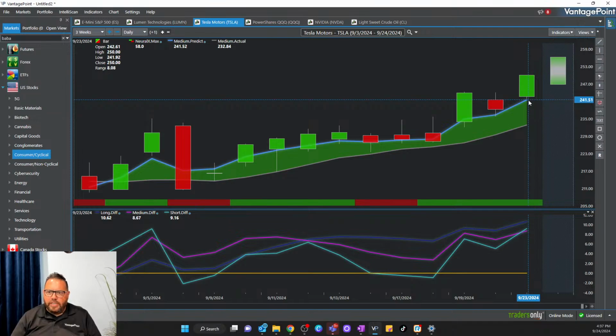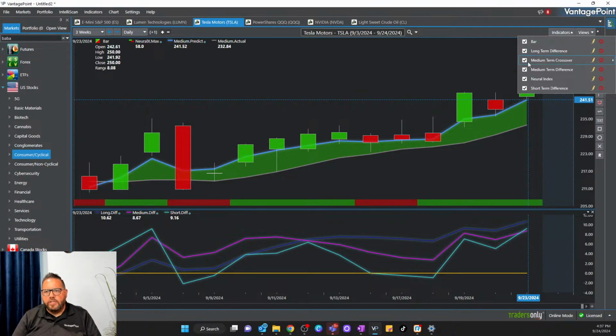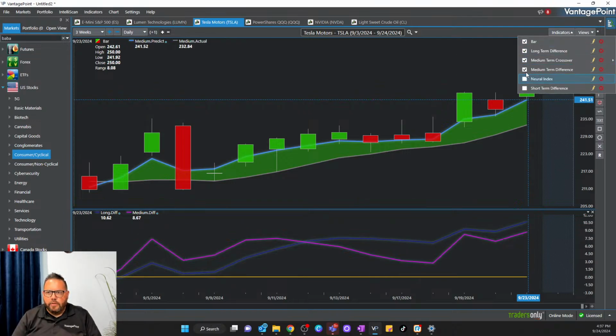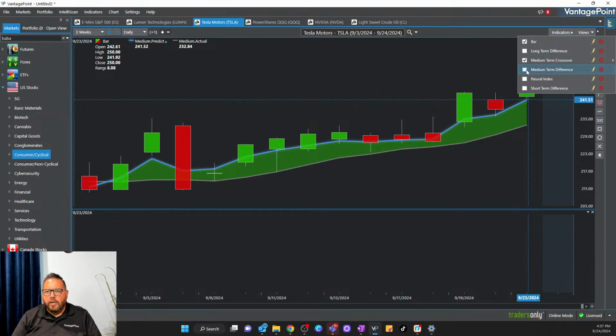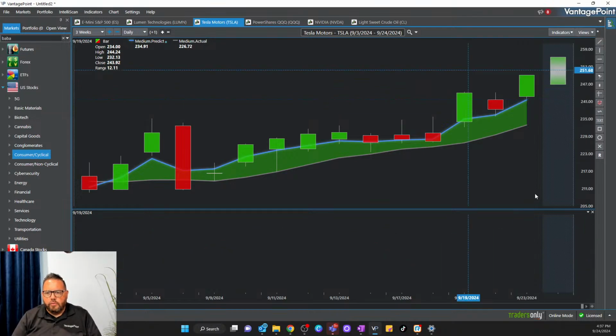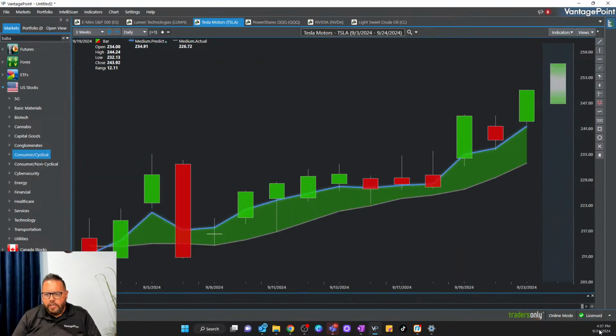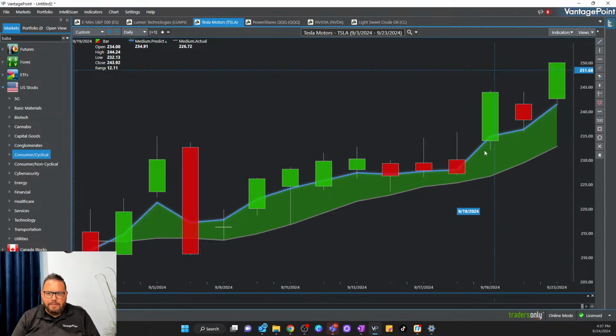So at 6:30 last night, VantagePoint said, hey, Tesla is expected for price. Let's walk through those steps one by one. I can even take them off the chart here for some of you that are new and have never seen this before, right? I'm going to take off the neural index. I'm going to take off the momentum indicators, and we'll just leave the crossover on this. So the first step here says, hey, look, VantagePoint was indicating that there was a trend in this asset, that price is expected to go higher.